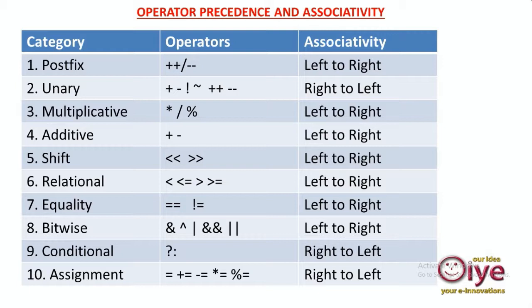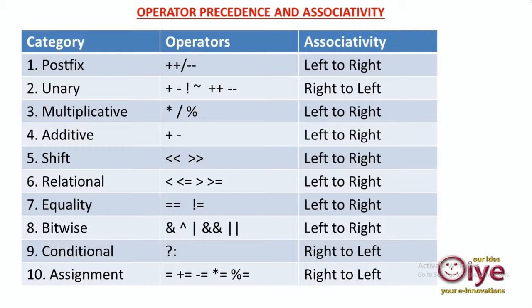Multiplicative operators, multiplication, division and modulus, are from left to right. Additive operators, addition and subtraction, from left to right. Shift, left shift, right shift, all from left to right. Then relational operators, less than or equal to, greater than or equal to, all from left to right.